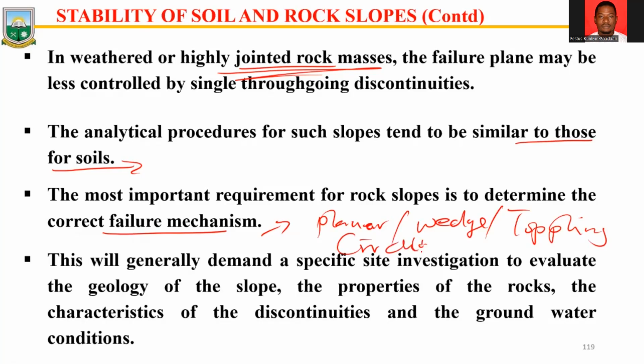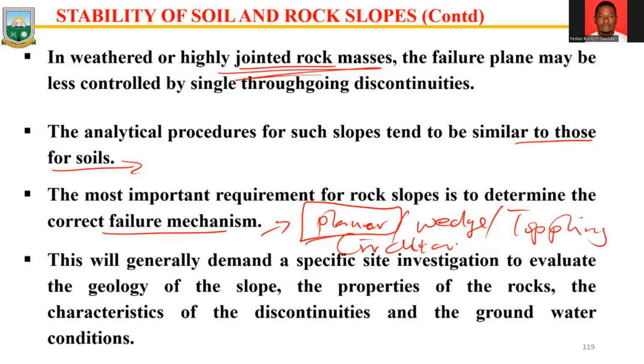If you get to know that these are the types of failure mechanisms that are likely to occur, then you study the mechanisms that bring about planar failure, wedge failure, or toppling failure. If you get to know that this is what is likely to happen in your situation, then you take note of the mechanisms that are used in computing for this.